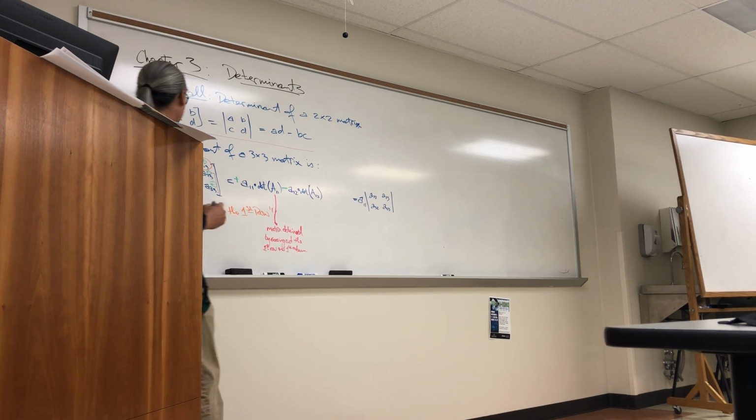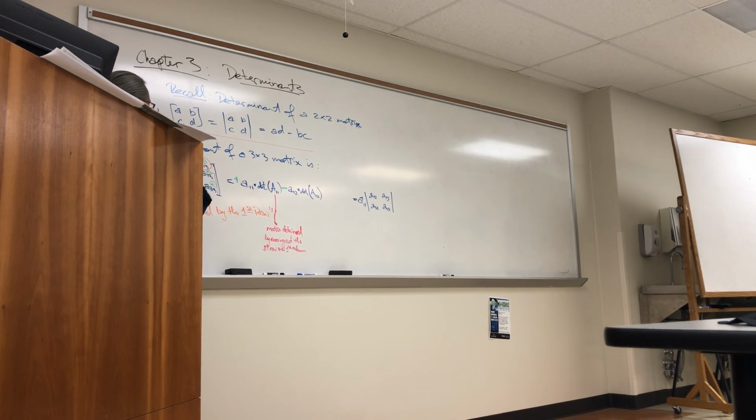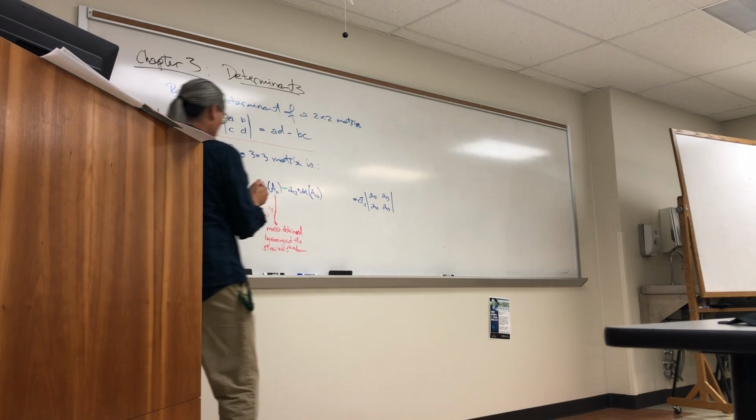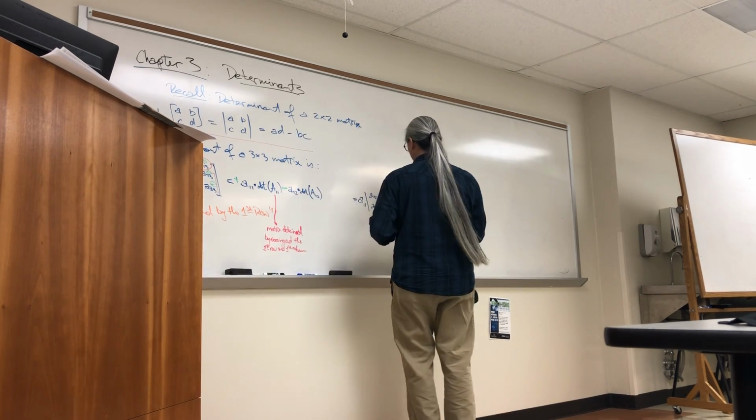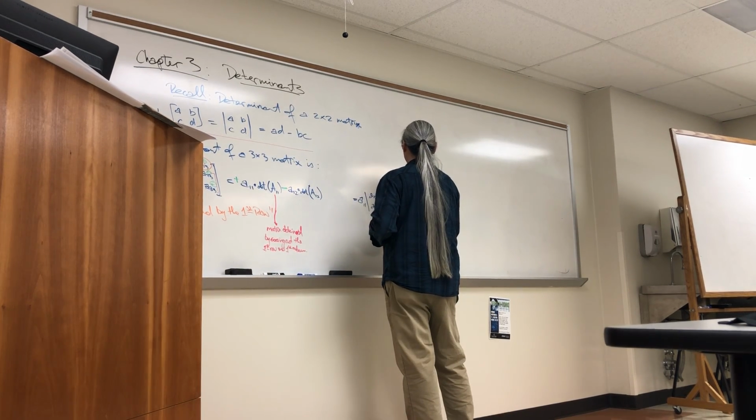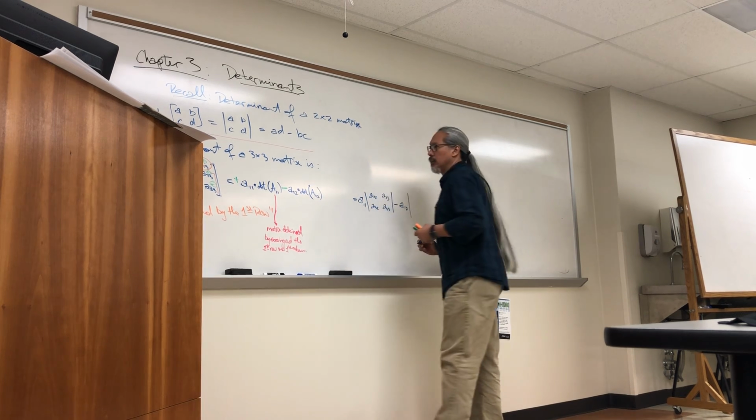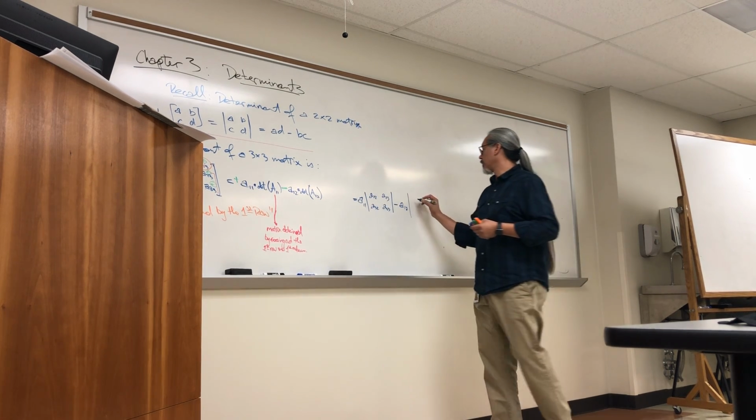So what is that? Again, you cross out your row and the column that you're in. And so here we have these 4 elements left, and those are the 4 elements that will go into this determinant that we're going to be looking for.